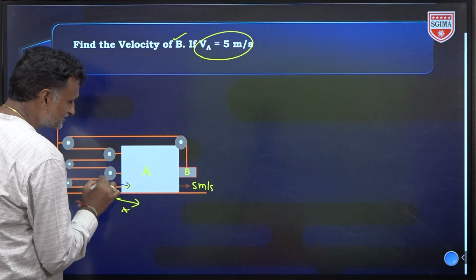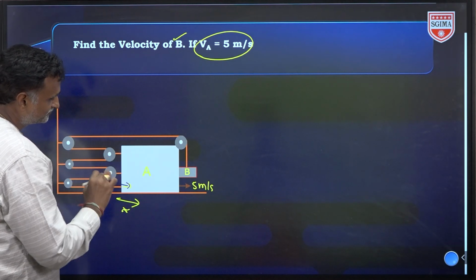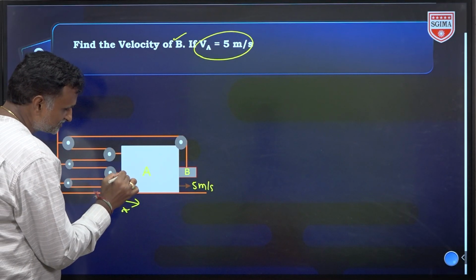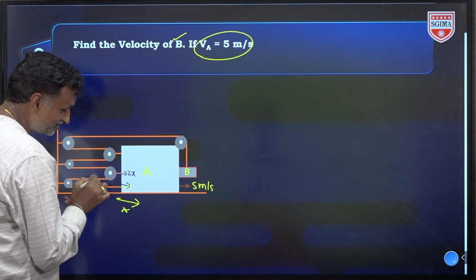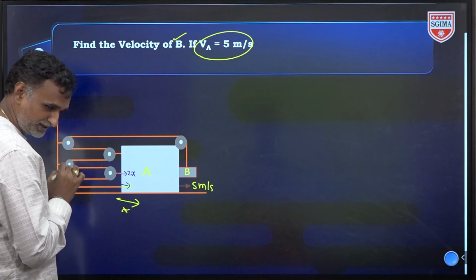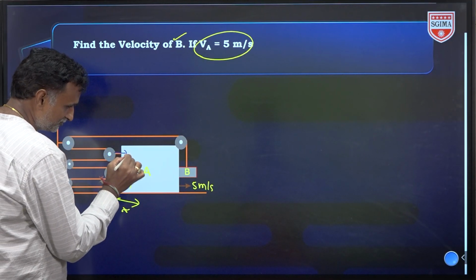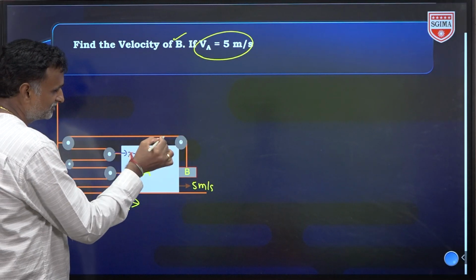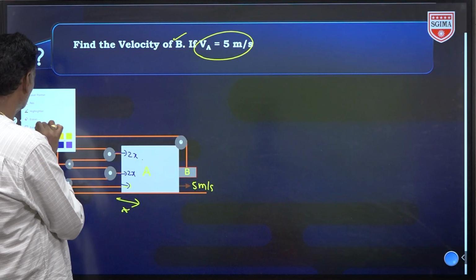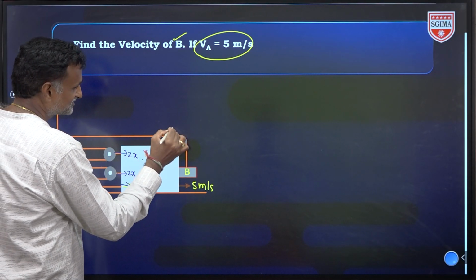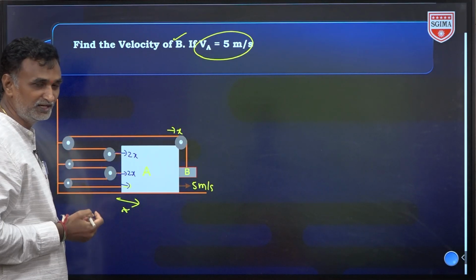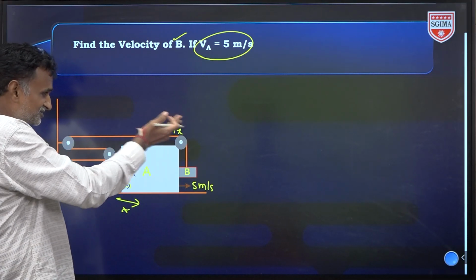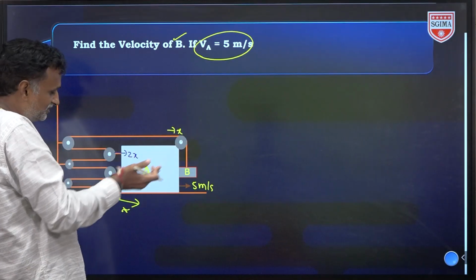This gives you x, and now here this gives you 2x, not x, one string, two strings, and this gives you 2x, and this is fully attached to this one, so how much will it give? Total how much length of string should be raised here?